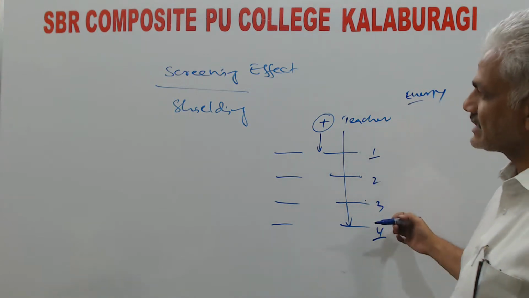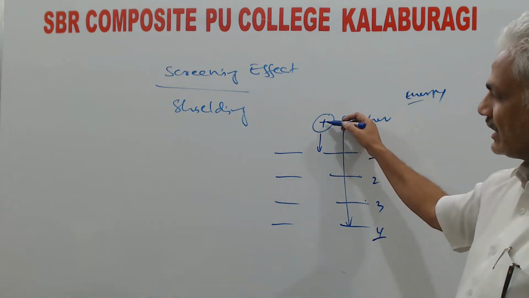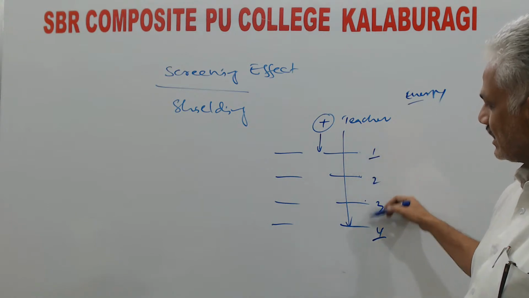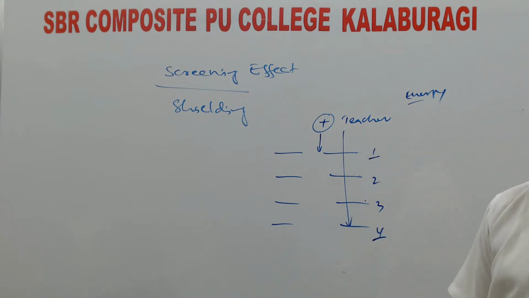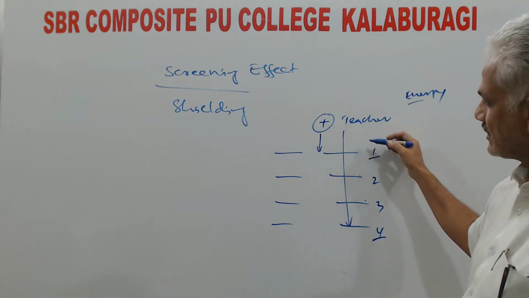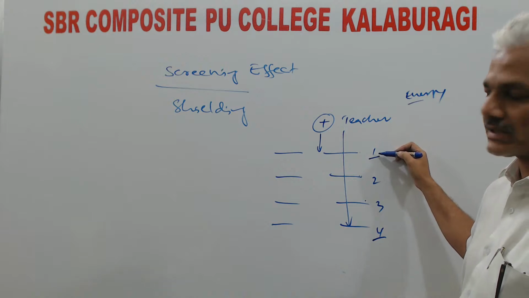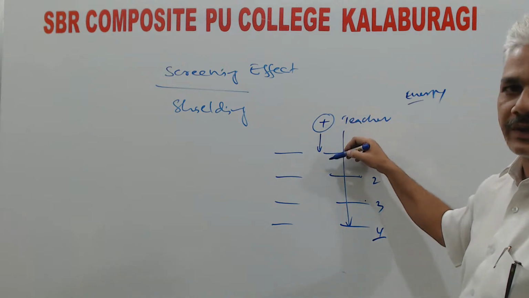So now apply this concept to the case of an atom. Nucleus, orbits, and in place of students visualize electrons. The nuclear force of attraction is maximum on the first orbit and the electrons present in the first orbit because there is nothing in between.